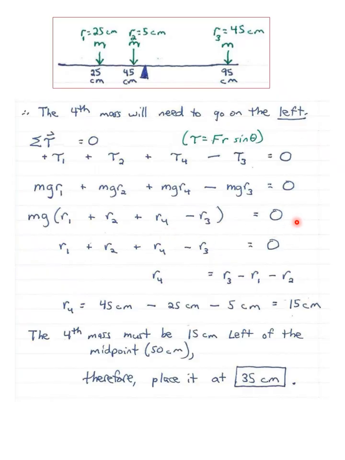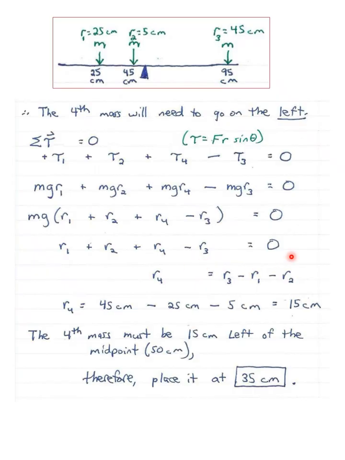Here we have 3 factors multiplied that equal 0, and one of them has to be equal to 0. So either the mass is 0, which it's not, or g is 0, which it's not, or the thing in parentheses is 0. And so the only possible choice is the thing in parentheses being equal to 0, so we set it equal to 0: r1 plus r2 plus r4 minus r3 equals 0.